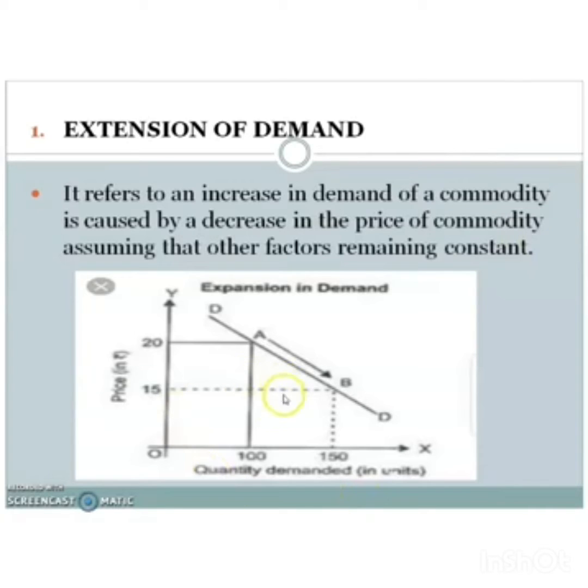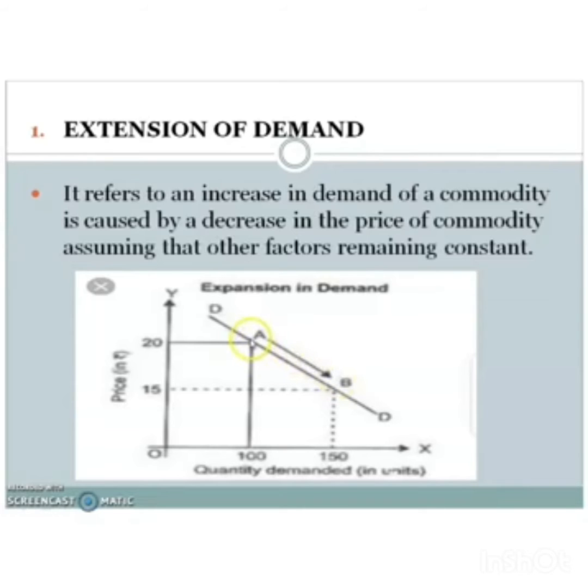In the diagram we can see the extension of demand. It is shown by the movement from an upper point to a lower point. So there is a downward movement on the same demand curve.